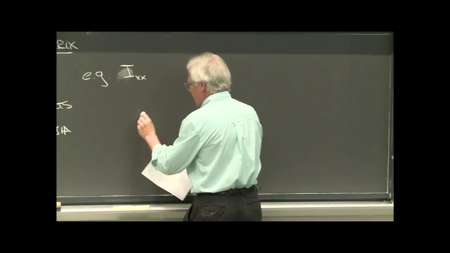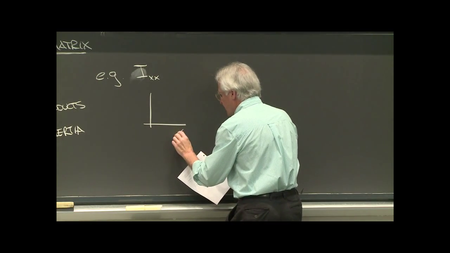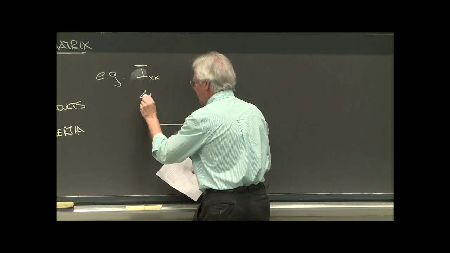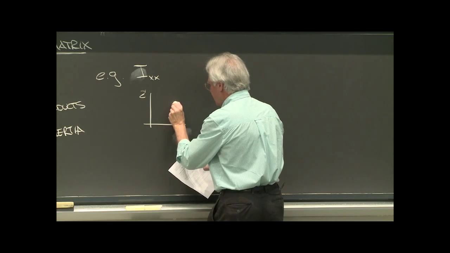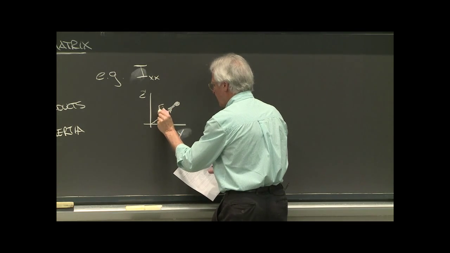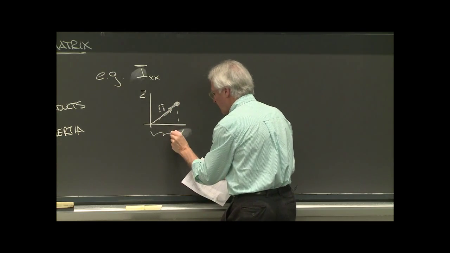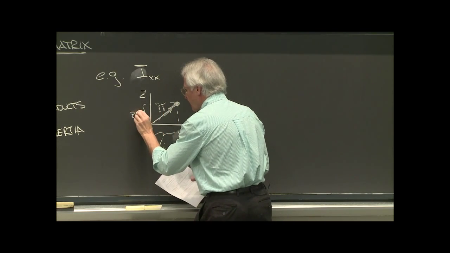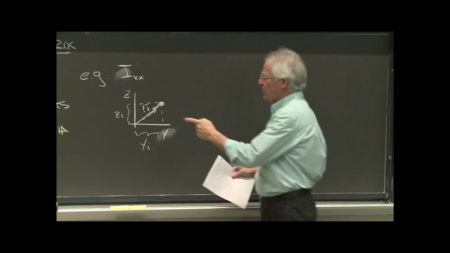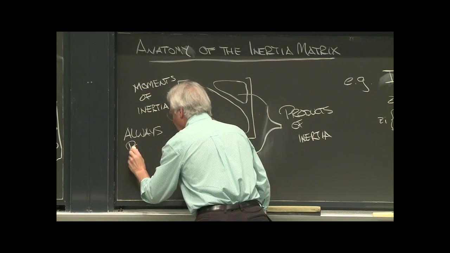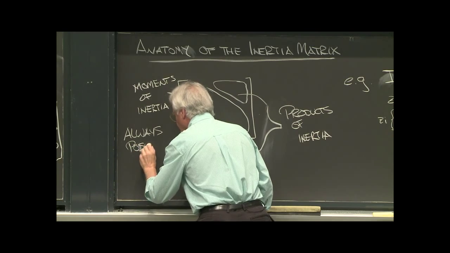So any points in there are going to look like this. This is your r sub i, and this is your y sub i, and this is the z sub i. So the moments of inertia are always positive, unless they're zero.